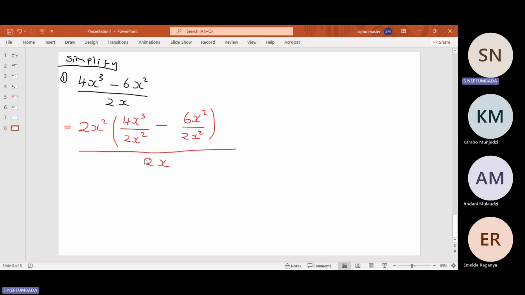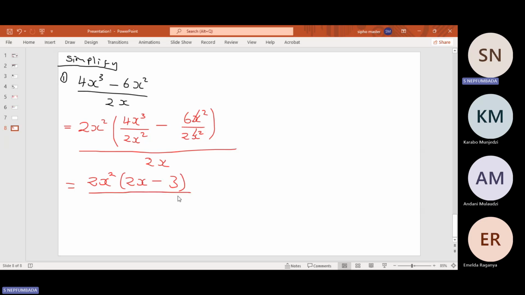Did you see what the common factor does? It divides. So this is equal to 2x squared into 2 goes how many times to 4? It goes 2 times. Then x squared goes into x cubed, it cancels x squared and we're left with x, minus 3, because x squared and x squared cancel each other.